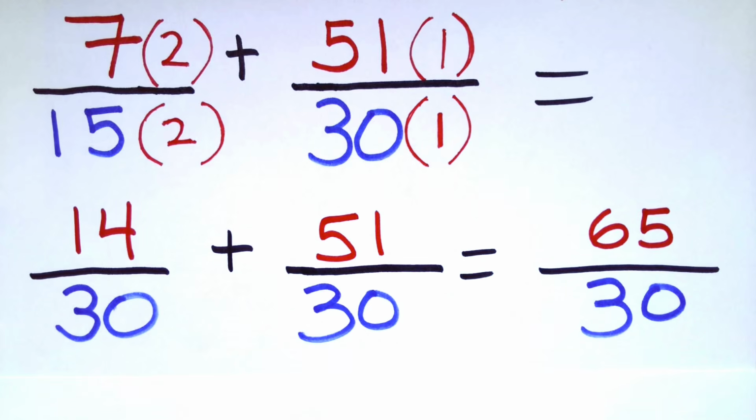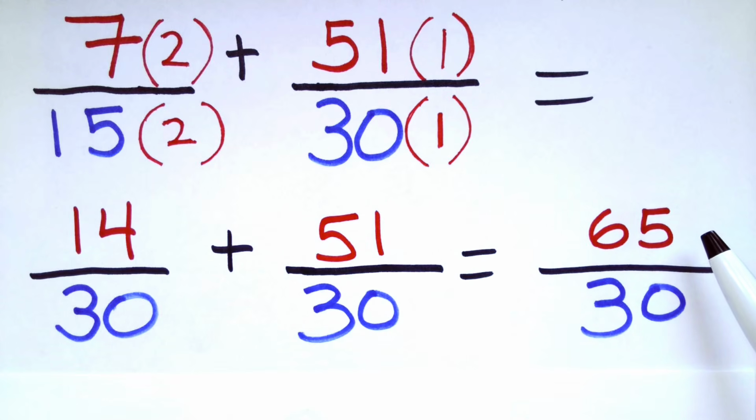All right, so as you can see here, we have 14/30ths plus 51/30ths. The bottom number, the denominator, is the same. It stays the same throughout. 14 plus 51 is 65. And as you can see, this fraction is top heavy. It's an improper fraction. You can convert an improper fraction into a mixed number.